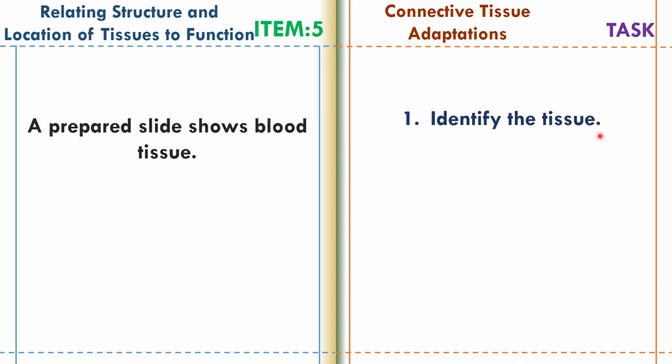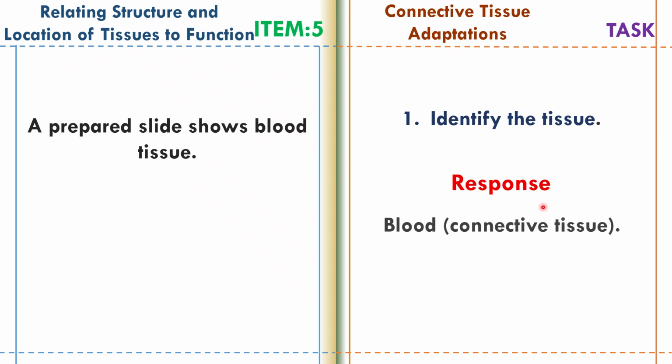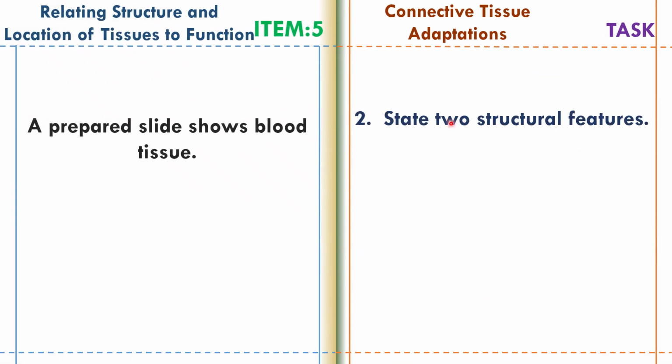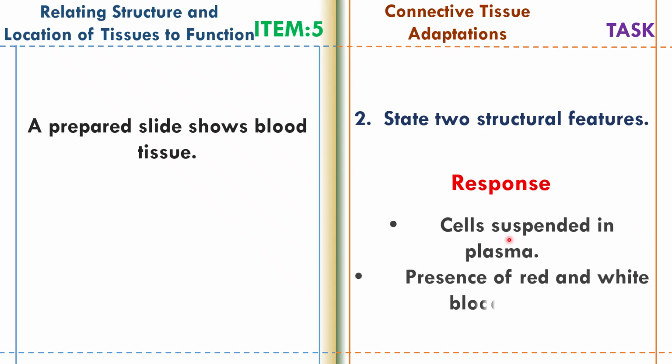Identify the tissue. It is blood, which is a connective tissue. State 2 structural features. Cells suspended in plasma.